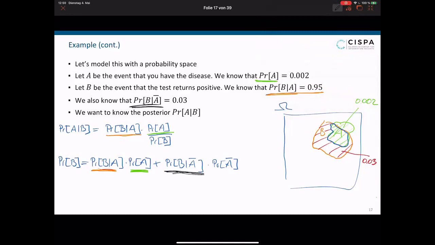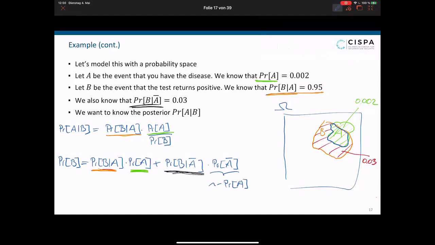How do we find probability of not A? We know what probability of A is. How do I find probability of not A? Exactly. So someone just wrote the answer. The probability of not A is 1 minus probability of A. It's just 1 minus probability of A. And there, with that, we have everything in place here.